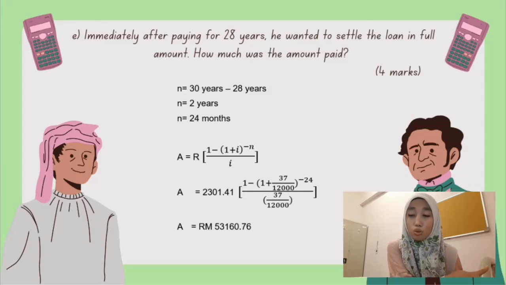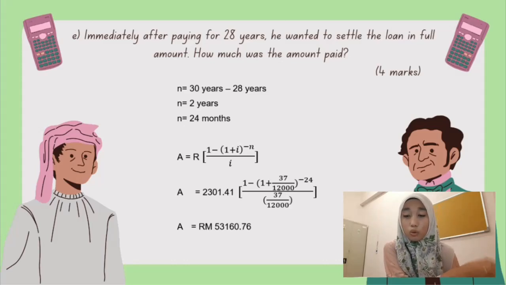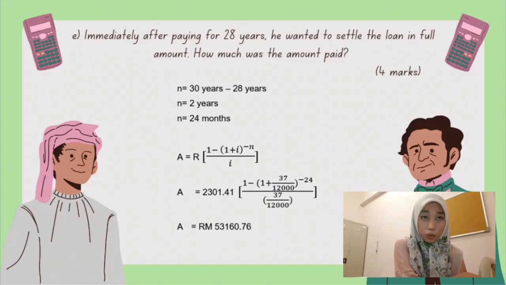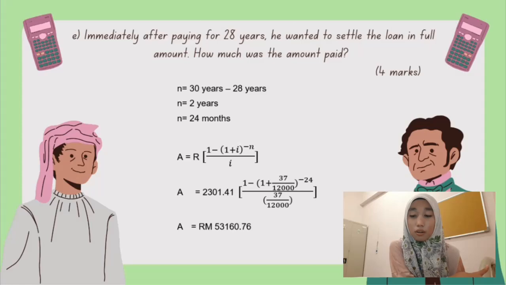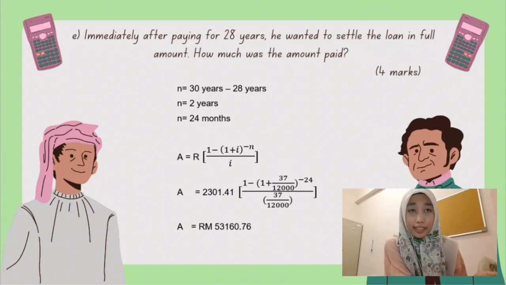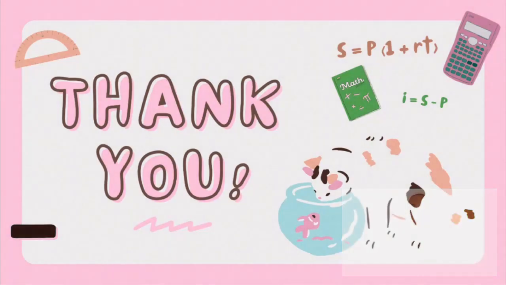A equals 2,301 ringgit 41 cents, bracket 1 minus bracket 1 plus 37 over 12,000 to the power of negative 24, and then divided by 37 over 12,000. For the final answer, I got A equals 53,160 ringgit and 76 cents.